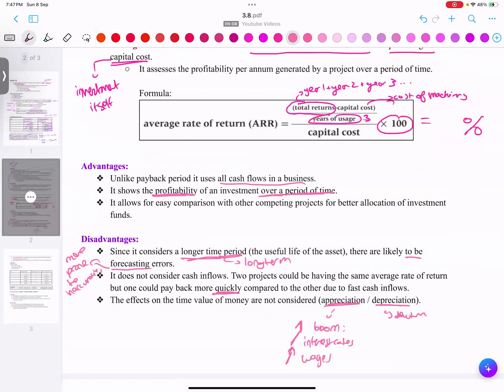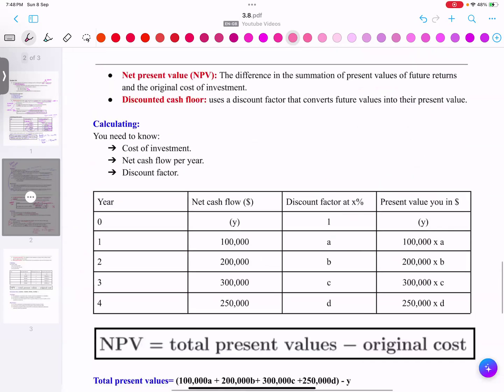So these two are problems. Let's say depreciation is basically the cost of machinery could decrease. Or the country could be having an economic downturn and everything just becomes so much cheaper due to depreciation of the currency.